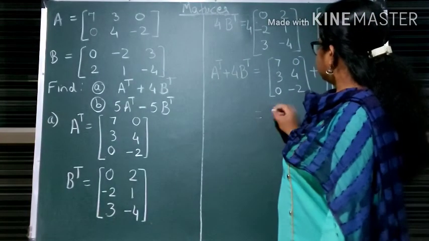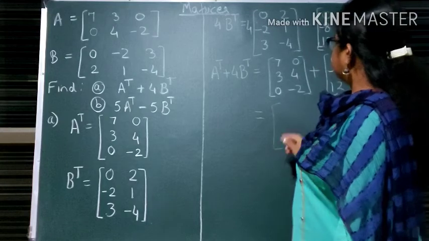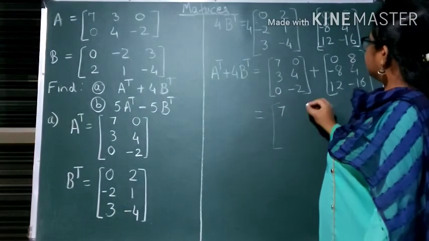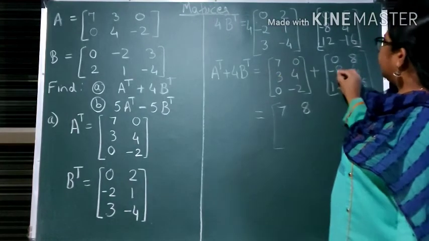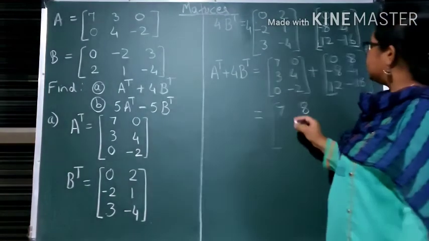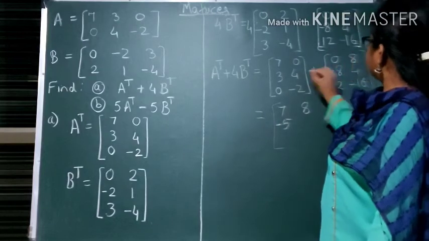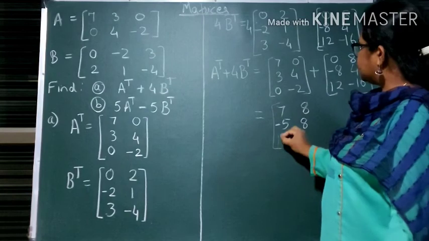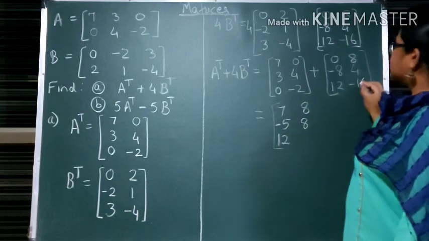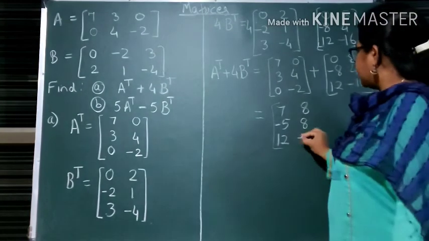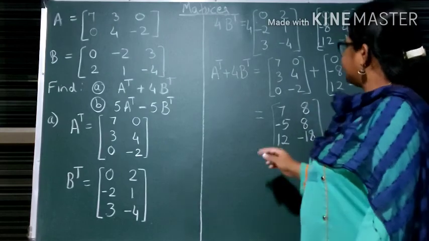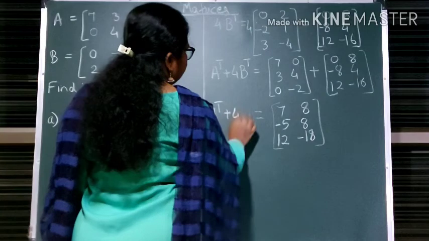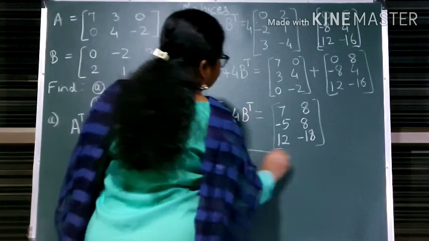So what is your answer? 7 plus 0 is 7. 0 plus 8 is 8. 3 plus of minus 8 means 3 minus 8 is minus 5. 4 plus 4 is 8. 0 plus 12 is 12. And minus 2 minus 16 is minus 18. So this is your first answer, that is A transpose plus 4 into B transpose.